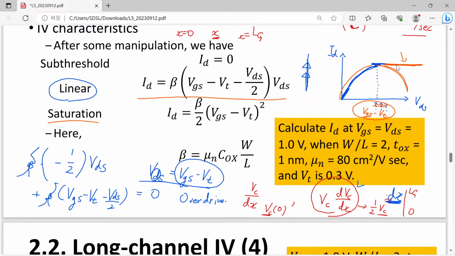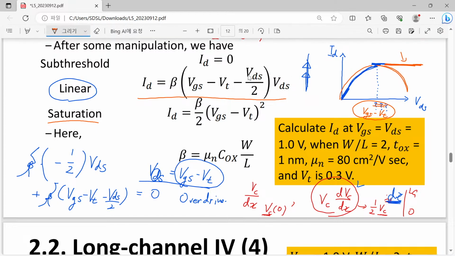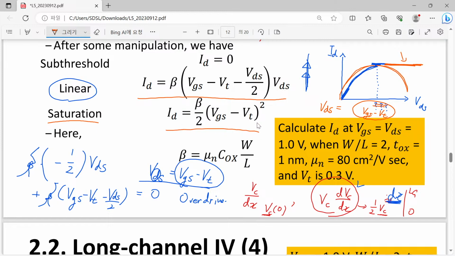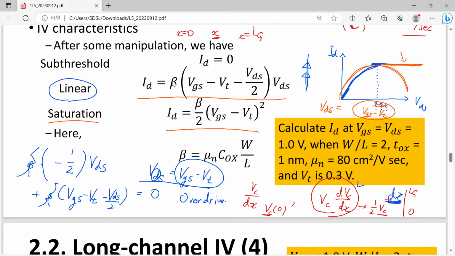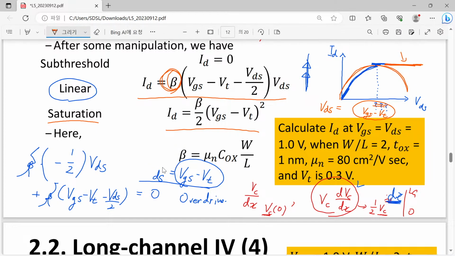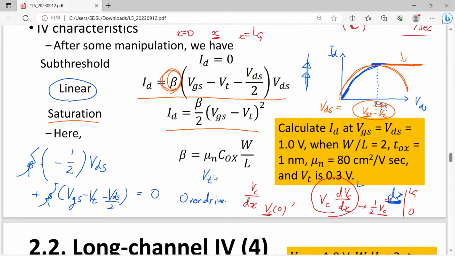How can you decide this saturation value? It's simple. In order to make our drain current continuous, insert VDS equal to gate overdrive voltage. Then eventually you will get this expression. Of course, here we have the leading coefficient, which is simply given by mu times Cox times W over L, as given here.